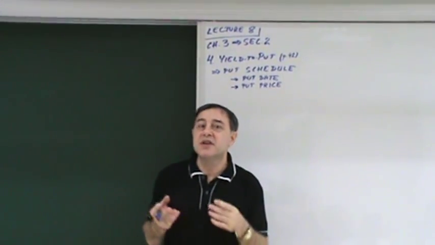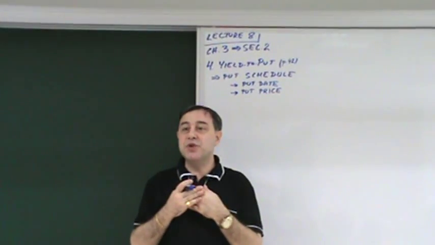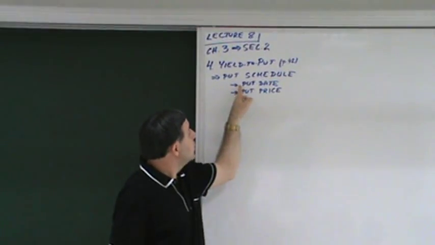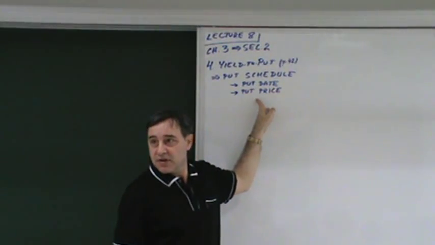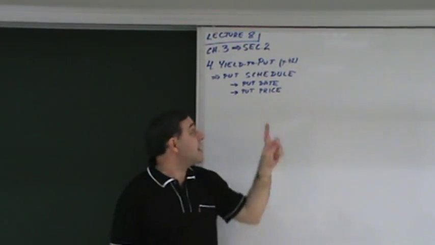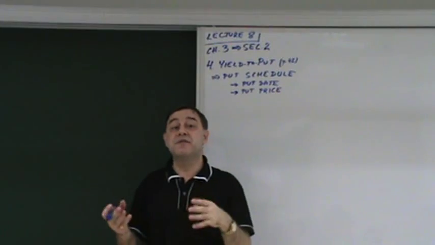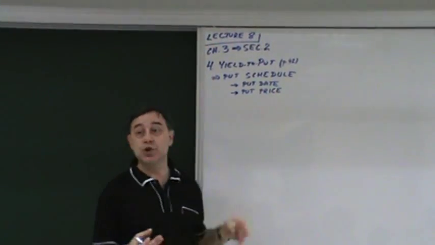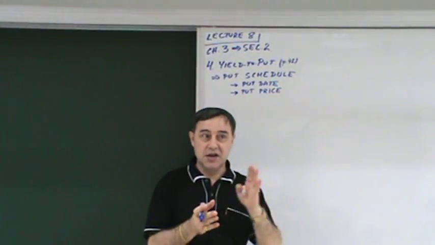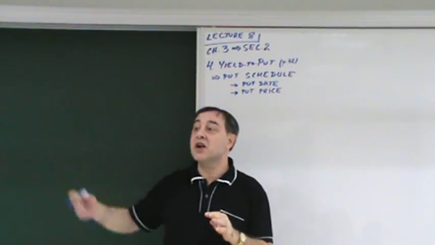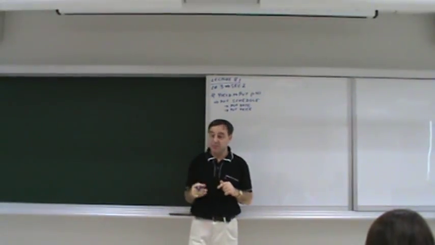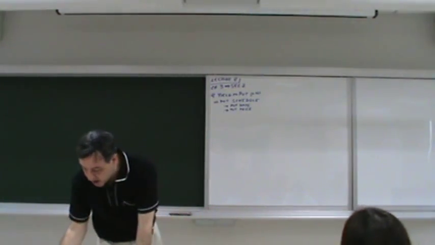Yield to first put simply means if the put date has not yet come, whenever the first put date comes, you know the date, you know the price, and you can calculate the yield for that date and that price of the first put. Then you have yield to next put. If the first put already came, and the next put is coming in a year, you can calculate how much it is until the next put. So you have the same concept.